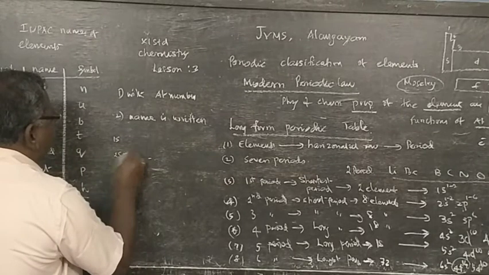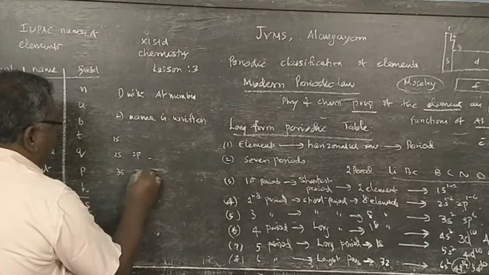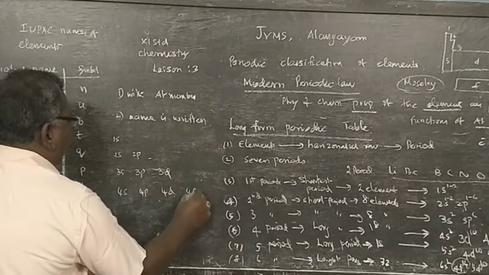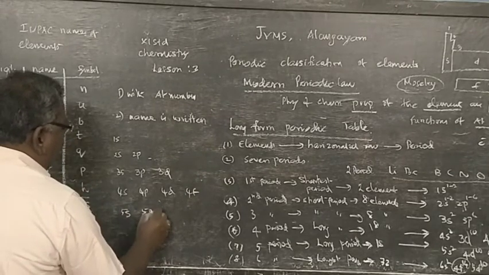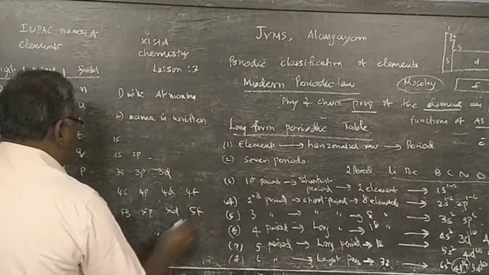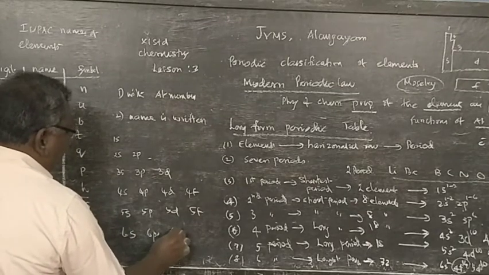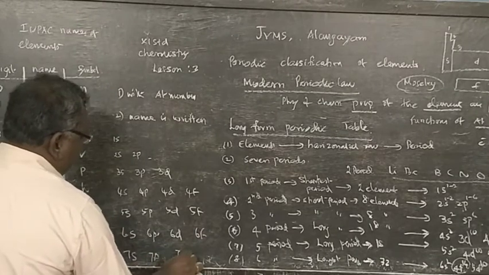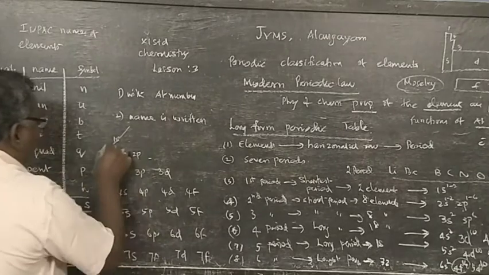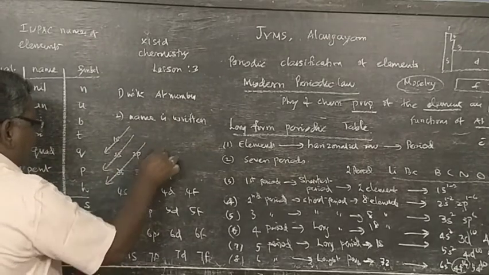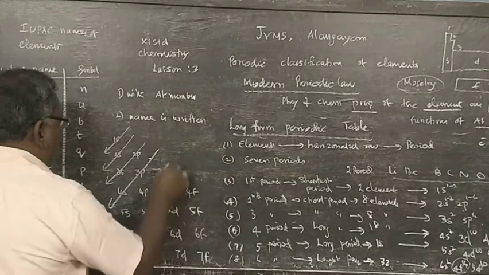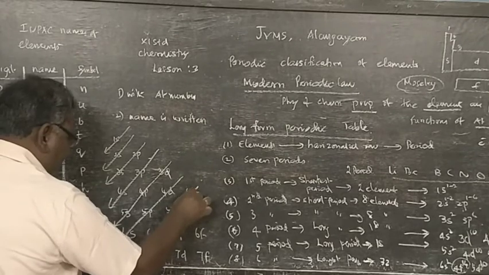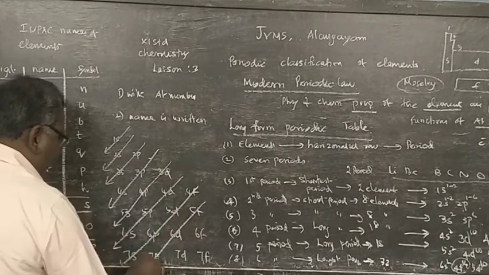1s, 2s, 2p, 3s, 3p, 3d, 4s, 4p, 4d, 4f, 5s, 5p, 5d, 5f, 6s, 6p, 6d, 6f, 7s, 7p, 7d, 7f. 1s is filled, 2s is filled, 2p, 3s, 3p, 4s, 3d, 4p, then 4d, 5p, 6s, after 6s, 4f, after 7s, 5f.